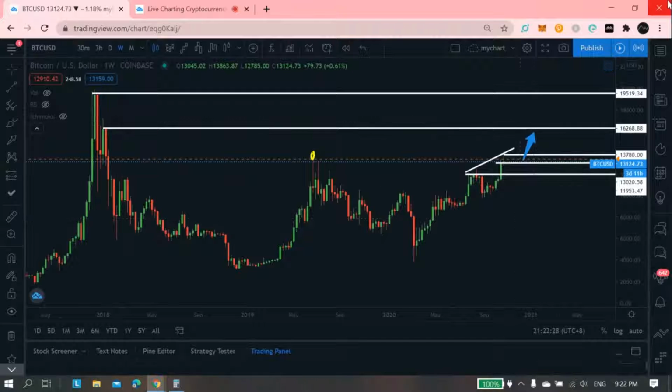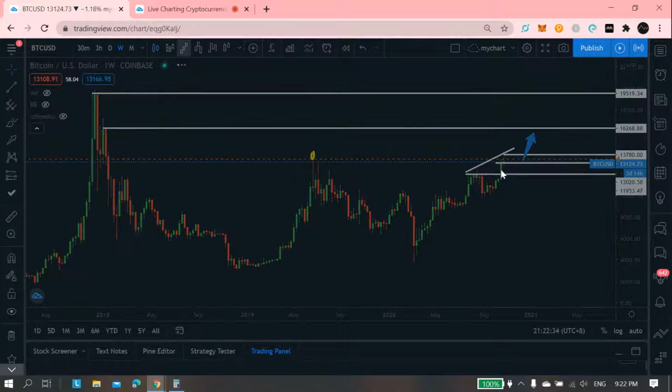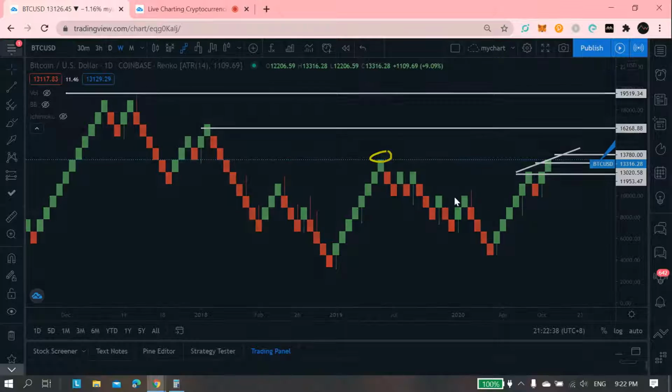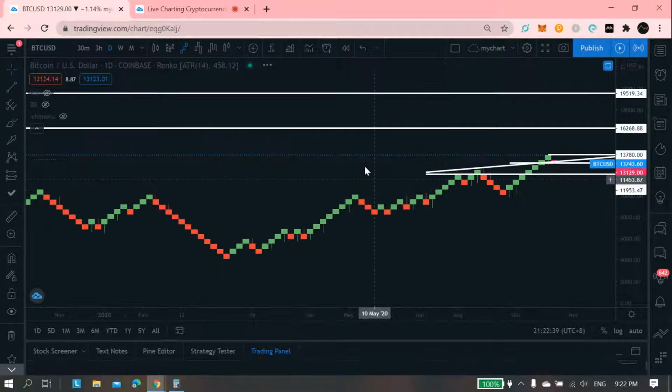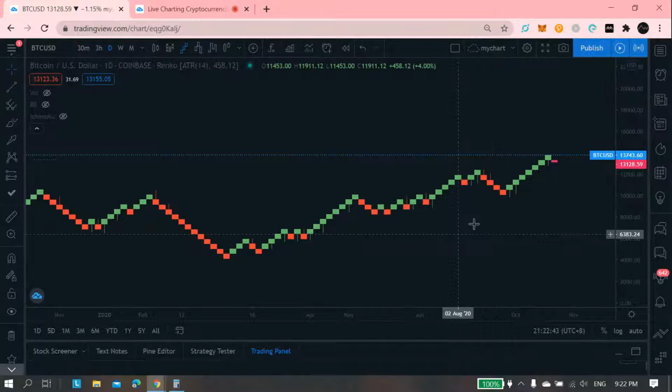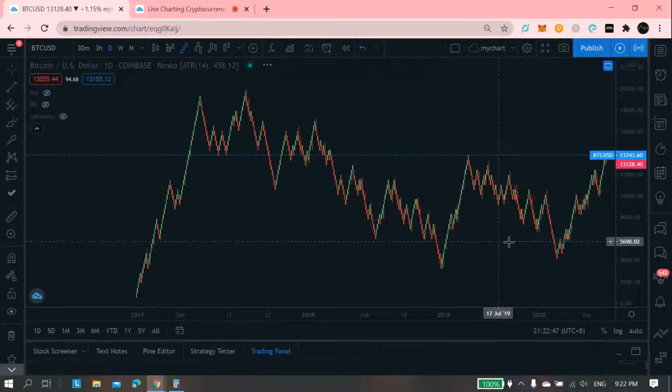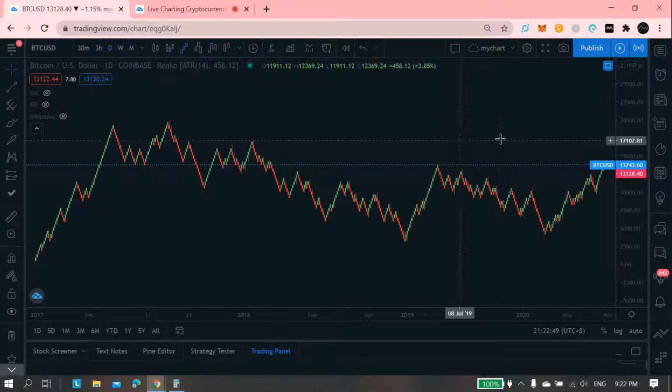So next, let's look also at this Renko chart. I think I always use this in my previous videos. So let's remove all the drawings and then analyze this one.